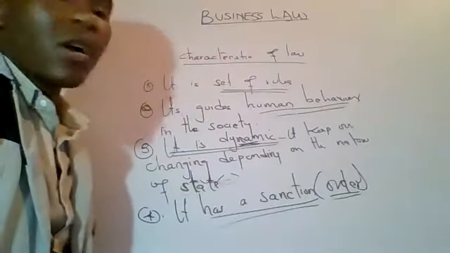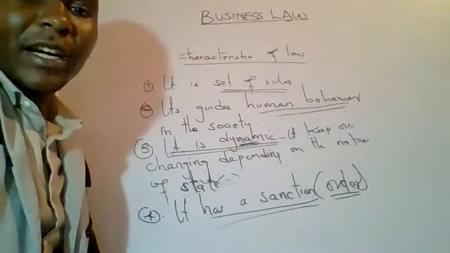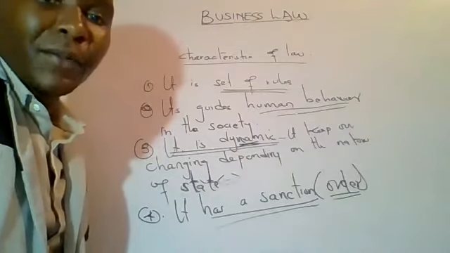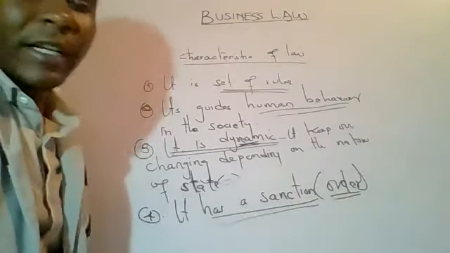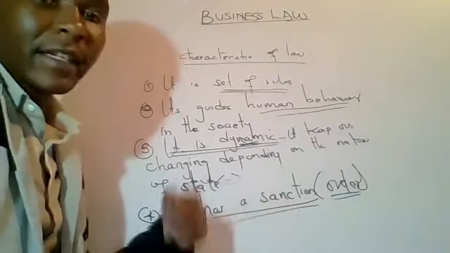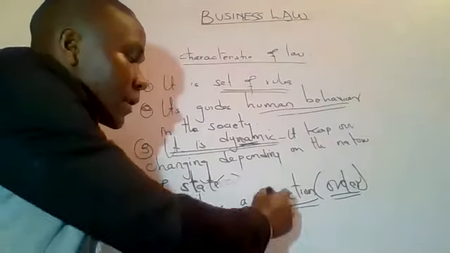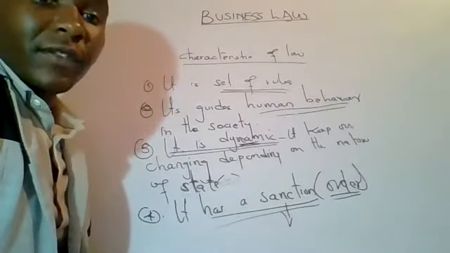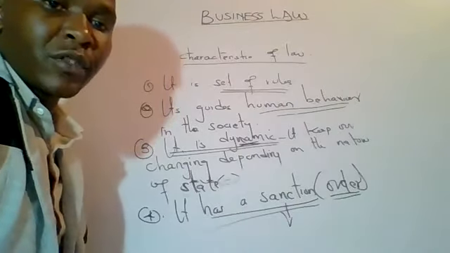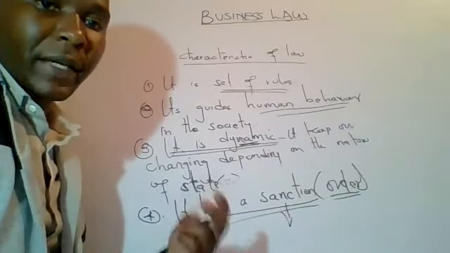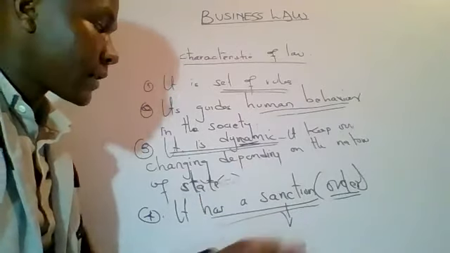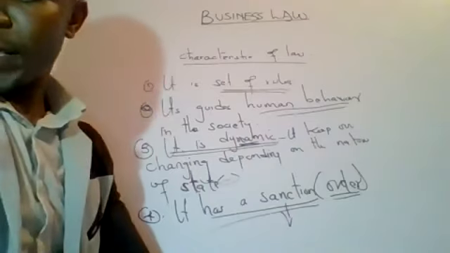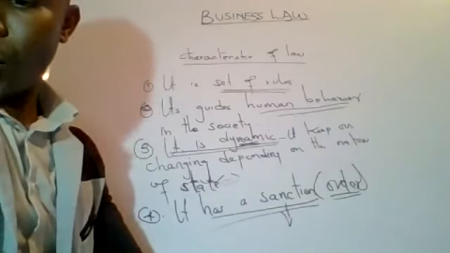That's why the language the MPs in parliament or the Senate mostly use is order. So you must understand that the sanctions are just orders. Orders can be given by the executive and the judiciary, because those are independent bodies, so they can give orders depending on the laws they were passing. So hizo ni characteristic ya law.